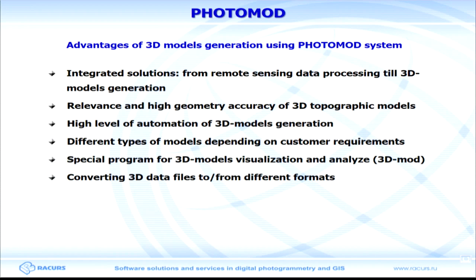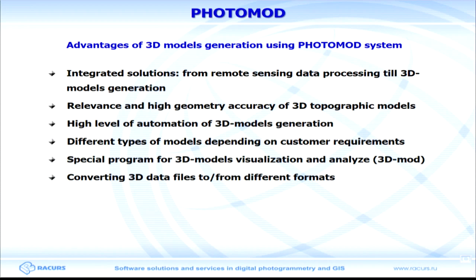High accuracy. I think any software these days can claim high accuracy. High level of automation. We try to automate point cloud and stereo vectorization. And in this regard, I can say that we are one of few software programs which covers both vector models and point clouds.